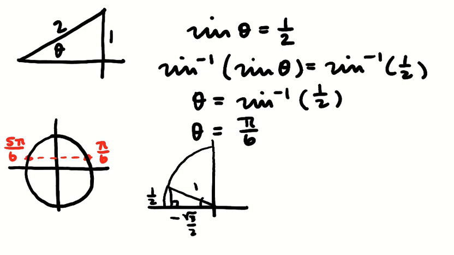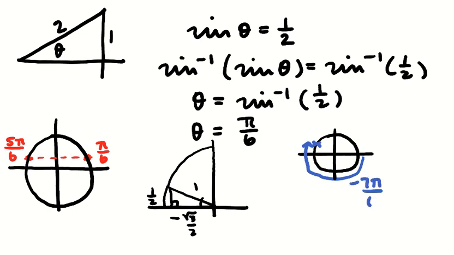But then you think, last time we talked about going backwards on the unit circle or going around the unit circle more than one time, right? I could say that those same points, if I went backwards on the unit circle, I could go backwards, that's pi, and then another pi over 6, negative 7 pi over 6. That would be a solution, because that would leave you in the same place on the unit circle.